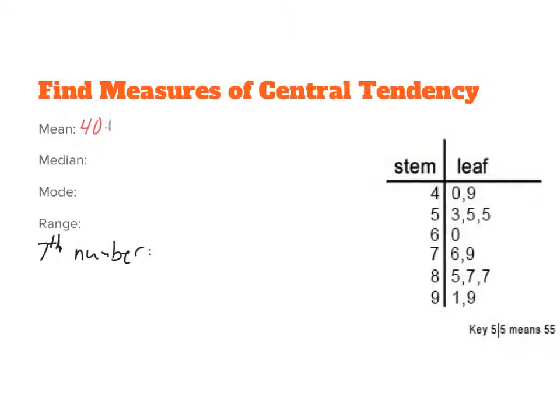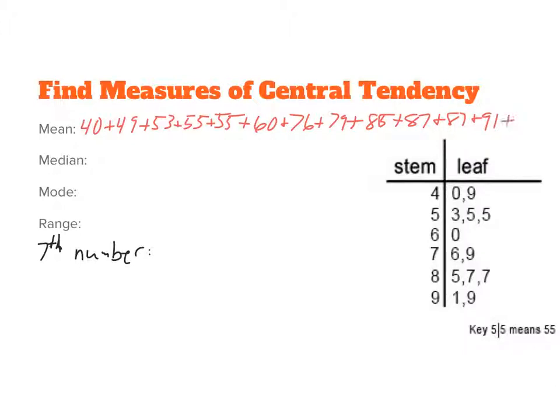You see I've got 40, 49, 53, 55, 55, 60, 76, 79, 85, 87, 87, 91, and 99.